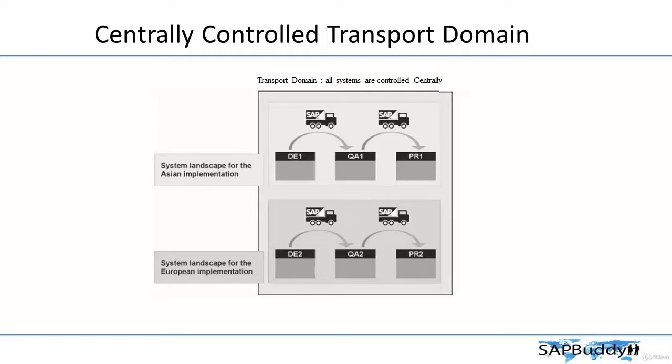For example, in a single domain, you can have multiple landscapes. In the case of multinational companies, which have separate landscapes divided based on the region, like what we can see in our picture for Asia Pacific as well as the European region, which has two separate landscapes, but is centrally controlled in one transport domain.